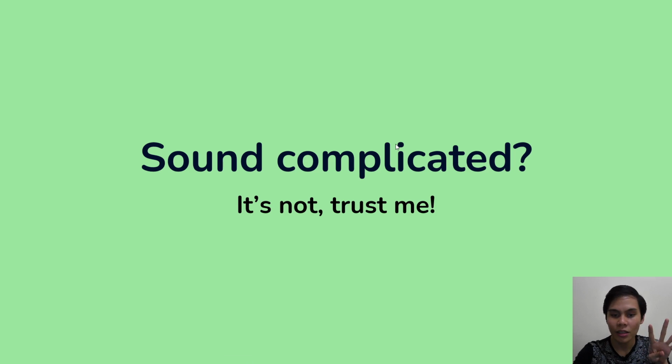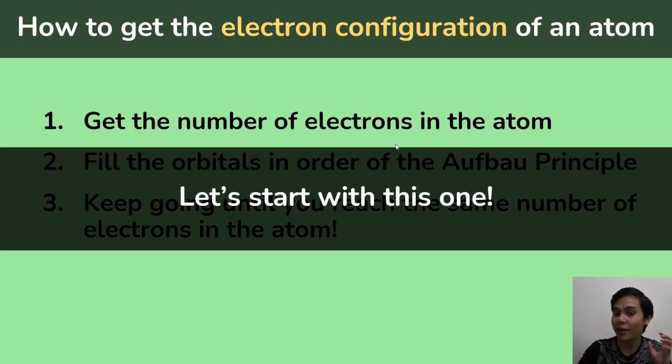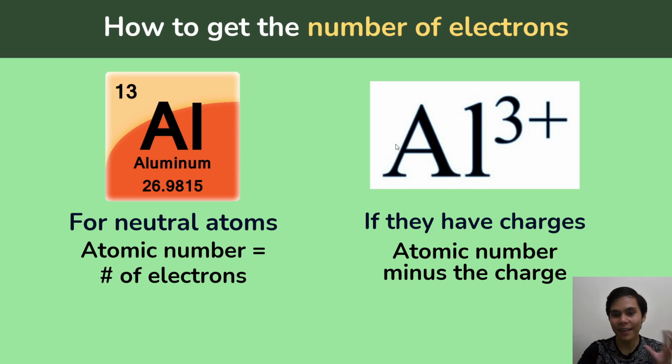All right. So moving on, again, it's kind of complicated, but let's do this step by step. Okay. So first, let's see how to get the electron configuration of an atom. First step is to get the number of electrons in the atom. So let's start with that. For neutral atoms, we usually refer to a periodic table.